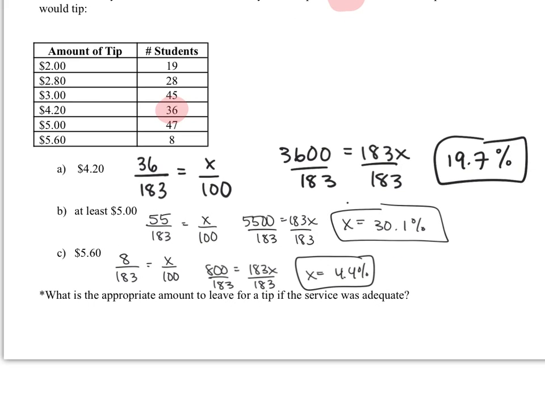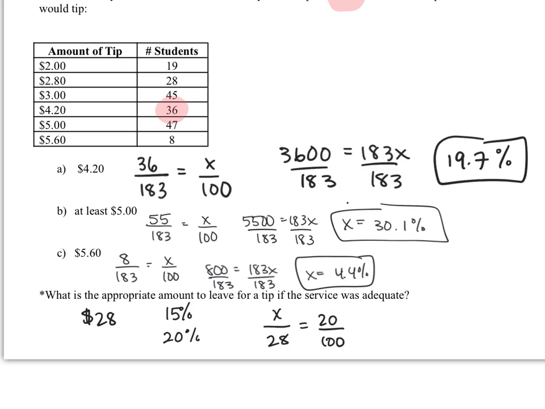Now this last question is going to refer back to the price of the meal. So the price of the meal was $28, and it's asking what was the adequate tip to leave. So most people would say a good tip to leave is either going to be 15 or even 20%. And so you could do what number is 20% of 28, and that would help us find this.